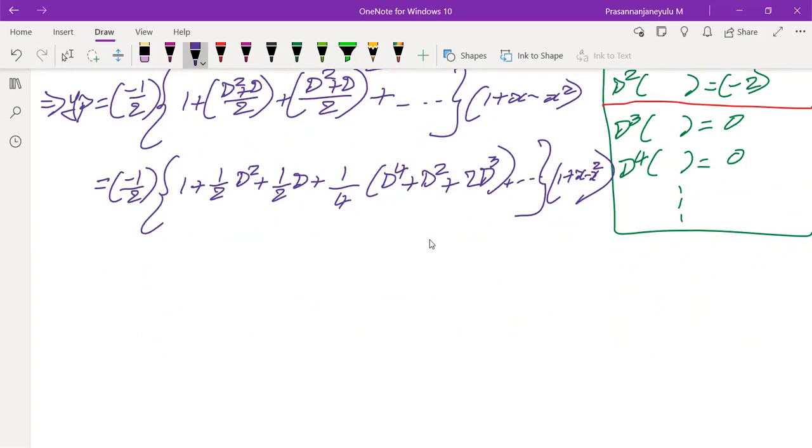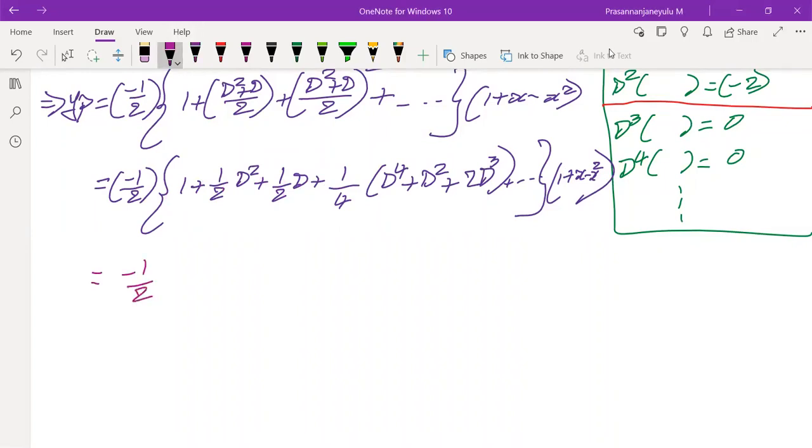That means I'll write 1 of 1, it is not a differential term, so 1 into 1 plus x plus 1 plus x minus x square plus 1 by 2 into D square of 1 plus x minus x square plus 1 by 2 into D of 1 plus x minus x square. Like that we have to continue. But if we write like that, it will consume a lot of space and we will get some confusion.